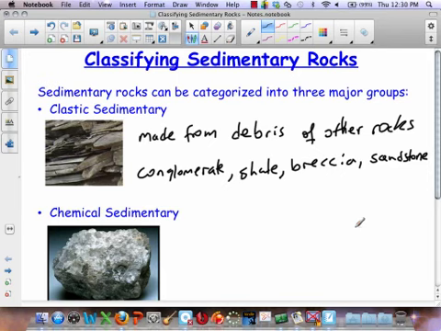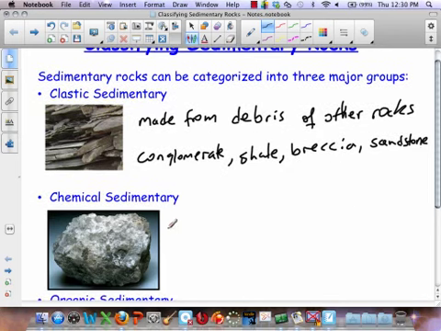The next thing we're going to look at is chemical sedimentary rocks. And all a chemical sedimentary rock is, basically, is a sedimentary rock formed by evaporation.